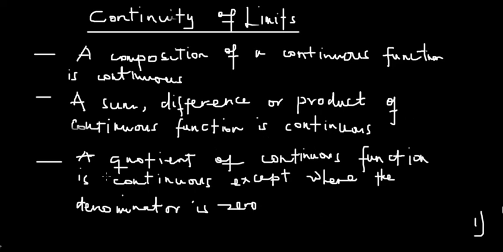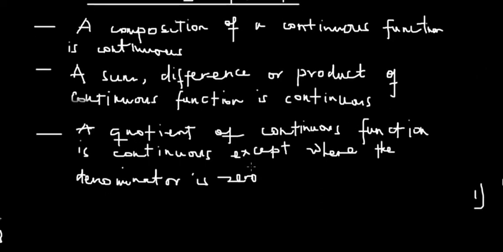And a quotient of continuous functions is continuous except where the denominator is 0. So let's take an example.